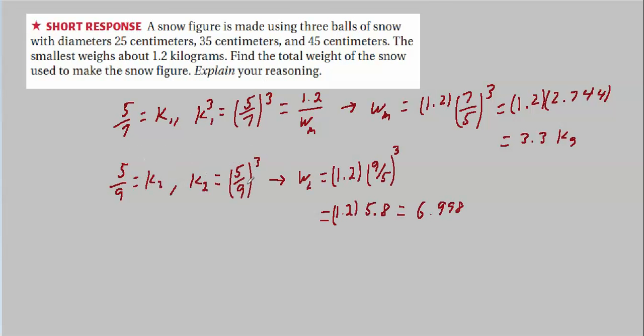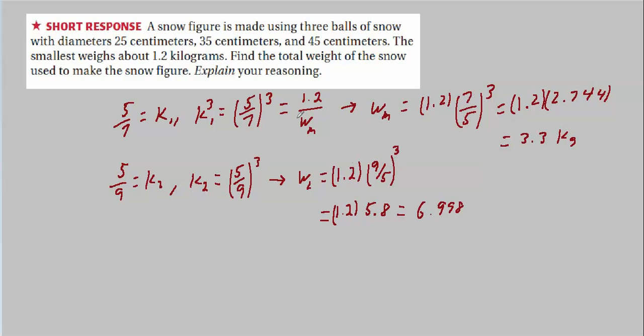We have to cube that to get our volume ratio, and then perform a little algebra, just like we did before, and get that 9 over 5 cubed times 1.2 would be the total weight of the large ball. It's like we did over here.